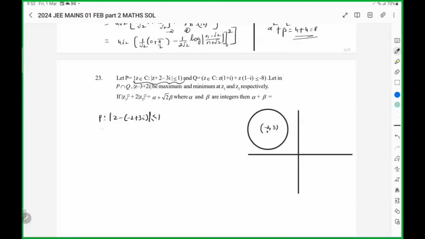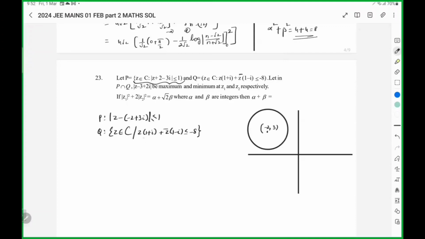This is about P. About Q, set of all z belongs to C such that z into 1 plus i, z bar must be there, 1 minus i less than minus 8.